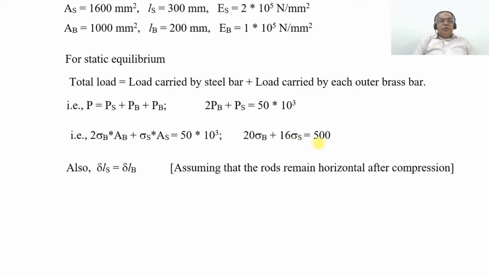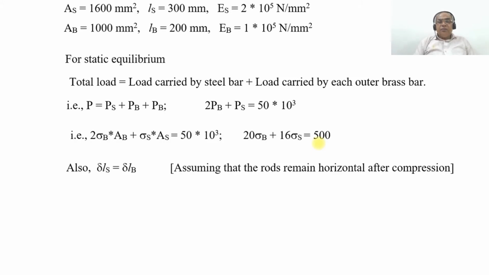Also, we know that as the rigid bar is touching the top surfaces of the two brass bars and the one steel bar, the deflection you are going to get is uniform throughout, both in the steel bar as well as the brass bar.